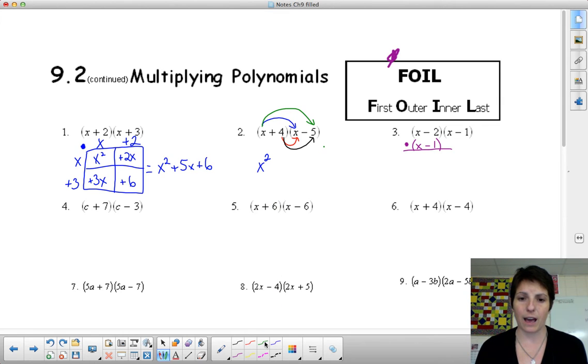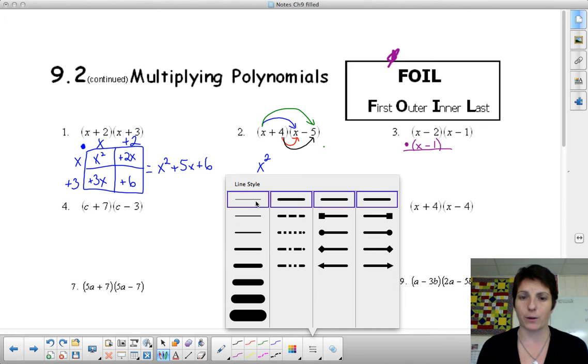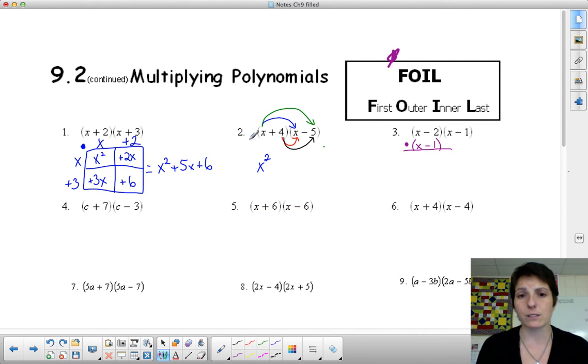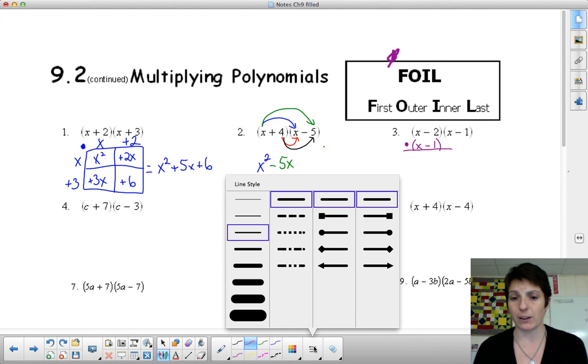Then we do the outers. The O in FOIL stands for outer. So on the outside of the binomials, we have x times negative 5, so that we get negative 5x. I in FOIL stands for inners.